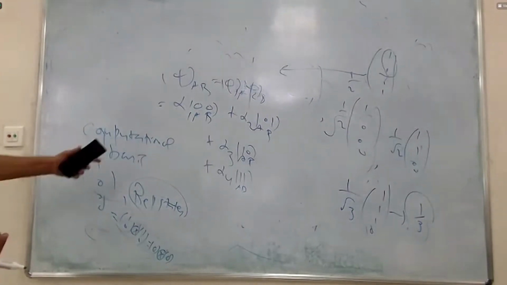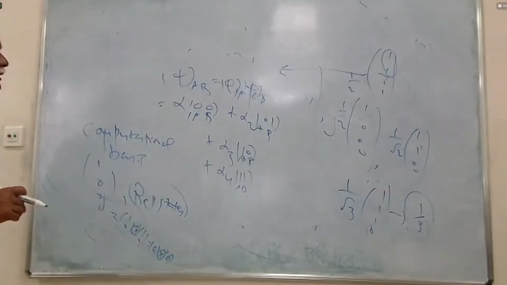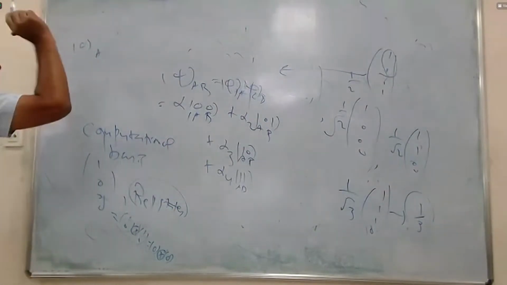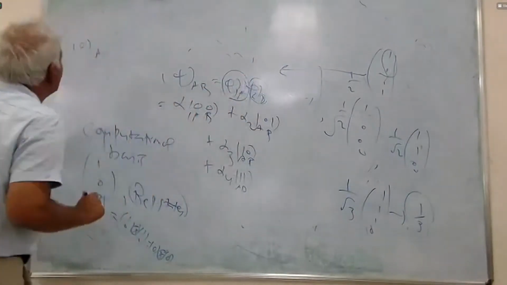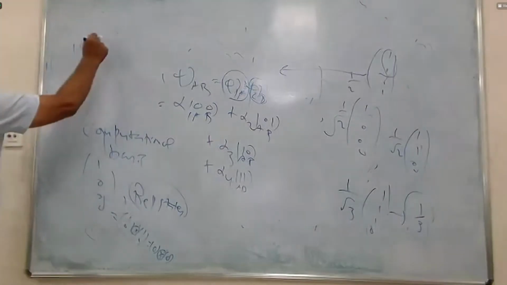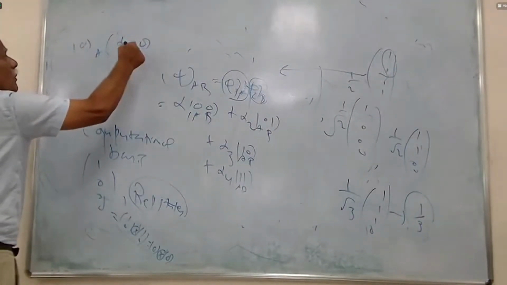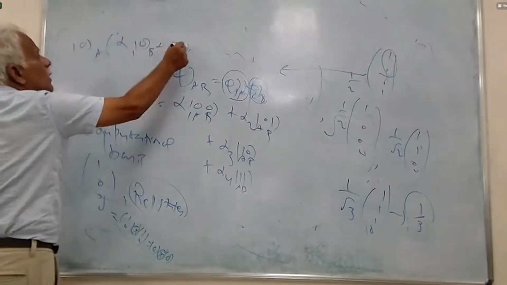So for that, it depends on my basis. First I chose computational basis 0 or 1. Then I check if Alice is 0, what is Bob? I want to see separable. I have to first find out Alice is 0. Bob would be alpha 1, 0 plus alpha 2, 1.